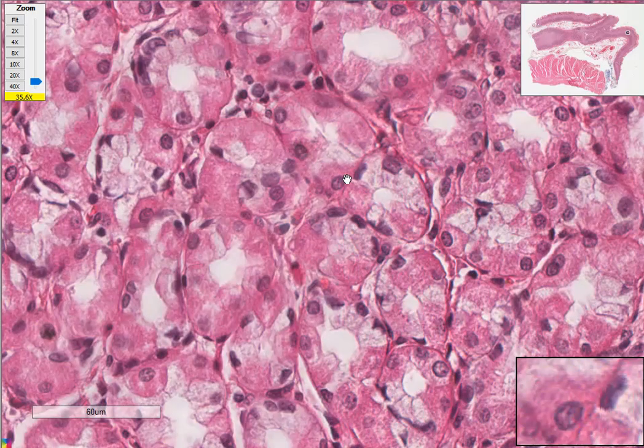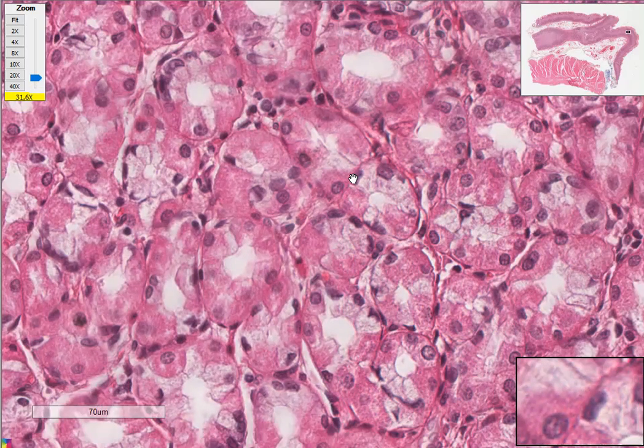If we remember, the function of parietal cells is to secrete hydrochloric acid via the hydrogen potassium ATPase pump, and they also secrete intrinsic factor. And intrinsic factor is important for vitamin B12 absorption in the terminal ileum.